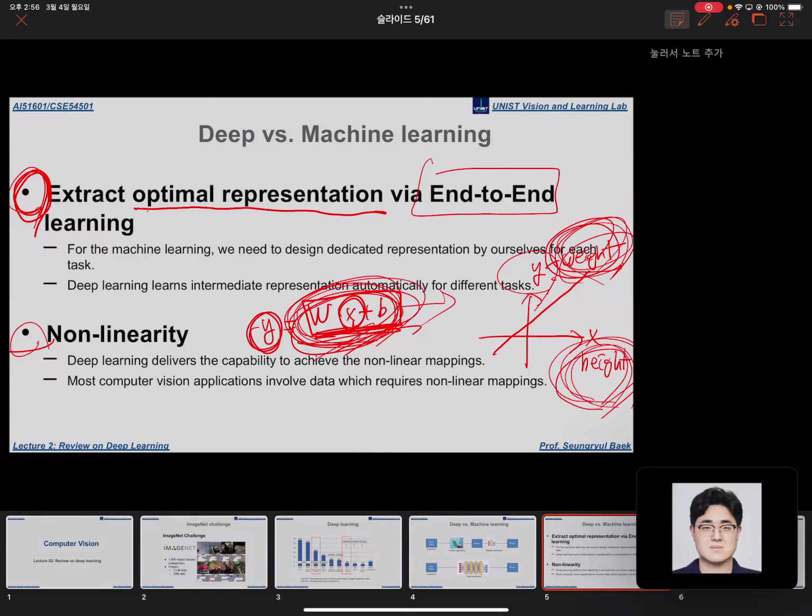And at the same time, in the real world, most data requires nonlinear mappings. So that's why deep learning approaches probably perform better than shallow learning on real world data. Okay, these are two reasons why deep learning is preferred compared to shallow learning methods. So if someone asks you why deep learning is better, you can answer like this.